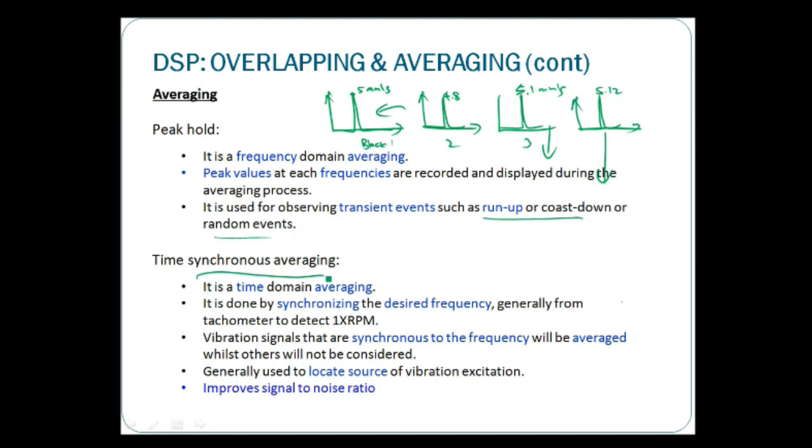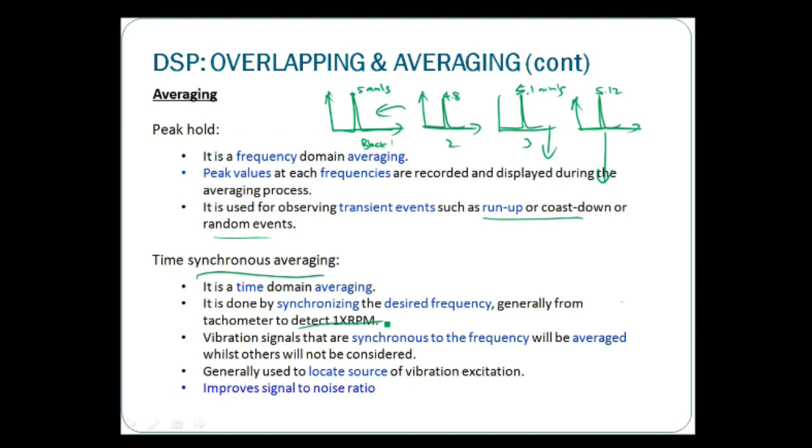Usually you have a reference frequency, so it will only refer to that reference frequency. Whatever appears that is not referenced to these reference frequencies will be removed through the time domain averaging. Especially noise that is not synchronous with the reference frequency, for example the tachometer frequency, will be removed over time. It will only keep those that are synchronous with the tachometer frequency. That is time synchronous averaging.